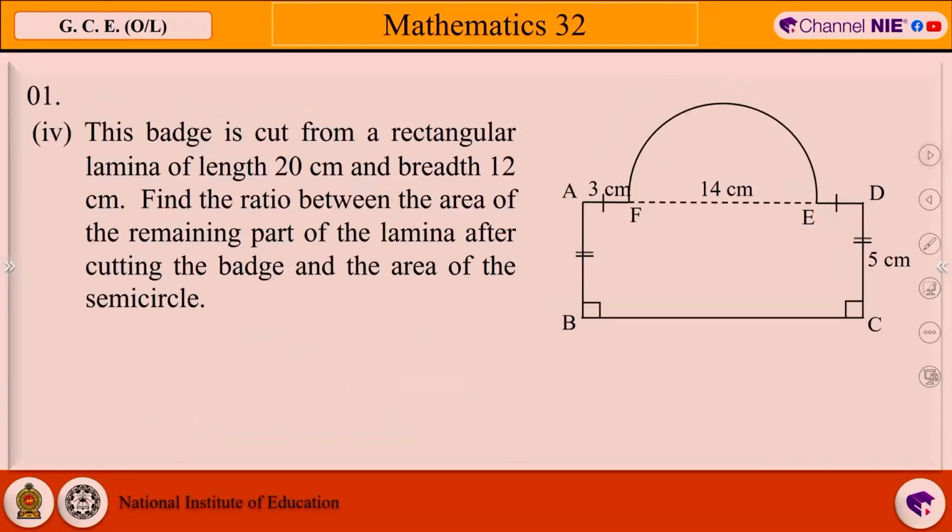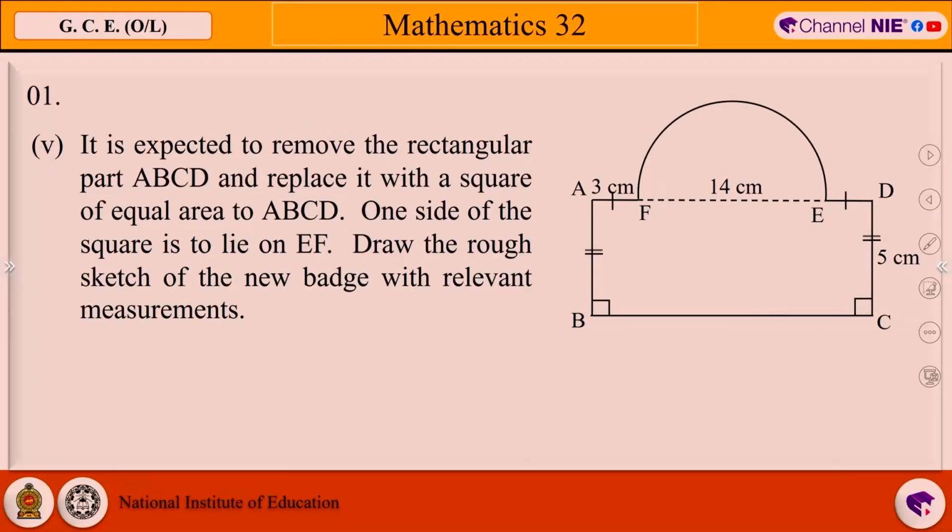Then in the fourth part, this badge is cut from a rectangular lamina of length 20 centimeters and breadth 12 centimeters. Find the ratio between the area of the remaining part of the lamina after cutting the badge and the area of the semicircle. Okay, we will see the fifth part.